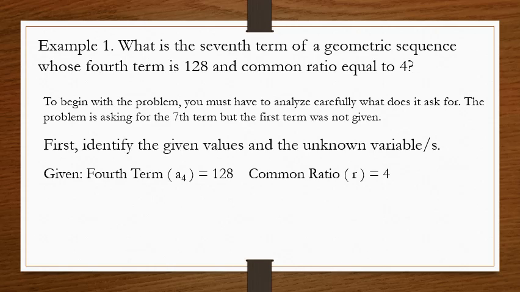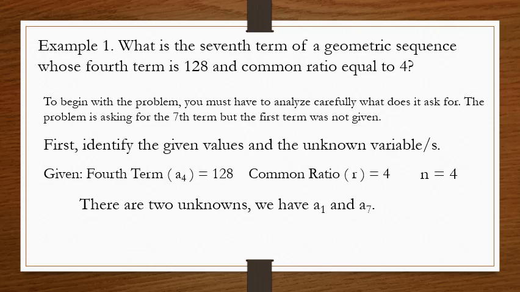So, the given is fourth term, 128, and the common ratio is 4. So, therefore, if we have a fourth term, the number of terms is equal to 4. So, dalawang ating unknown, we have the first term and the seventh term. So, ang una nating isosolve is the first term.